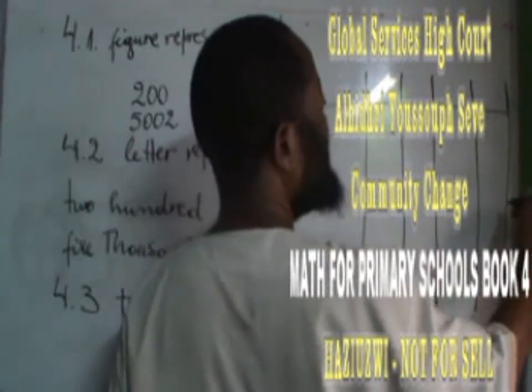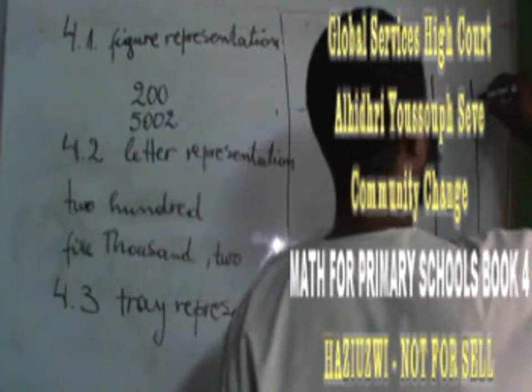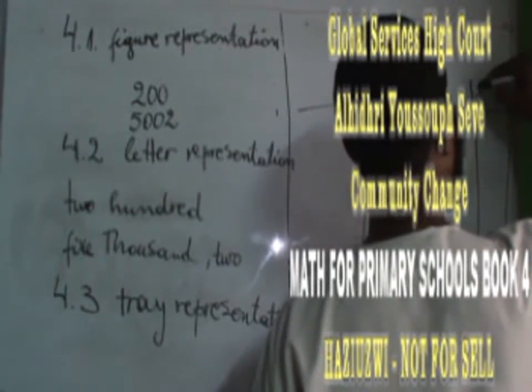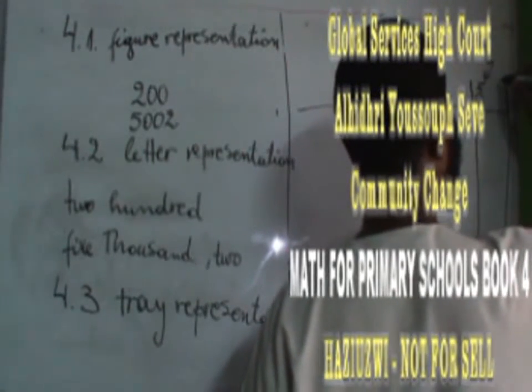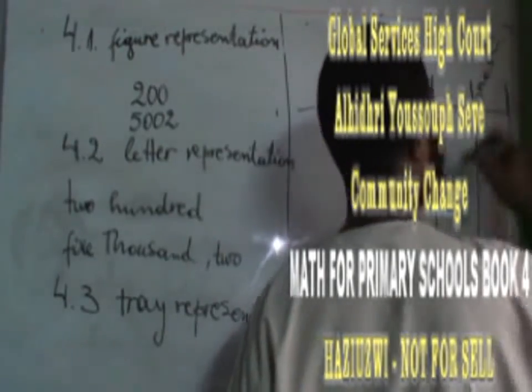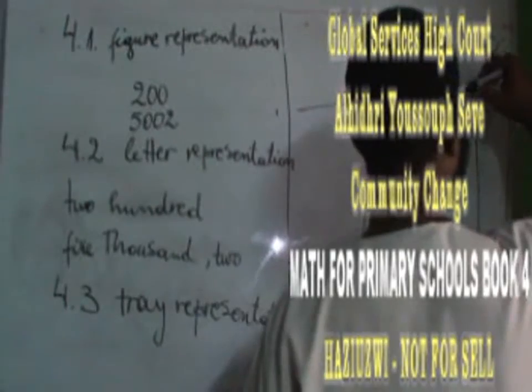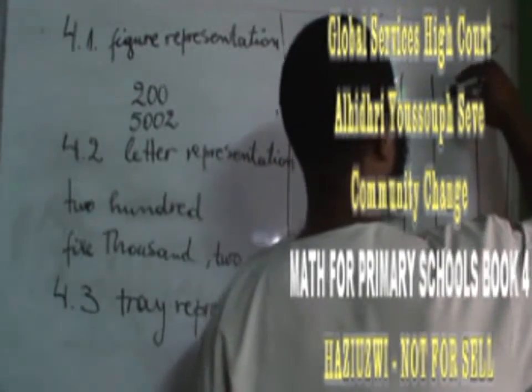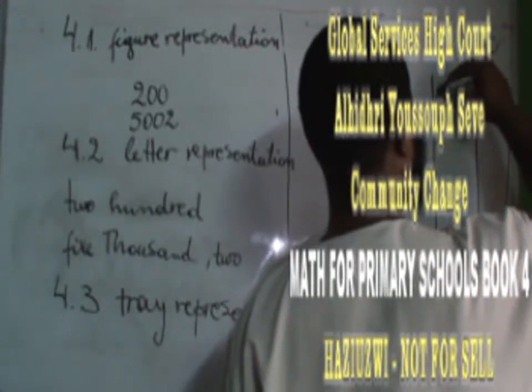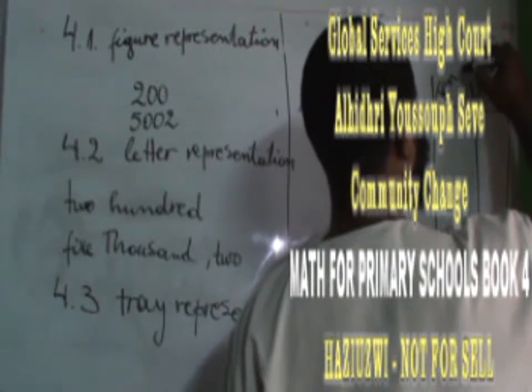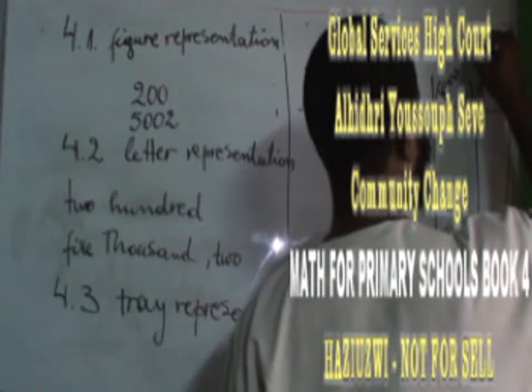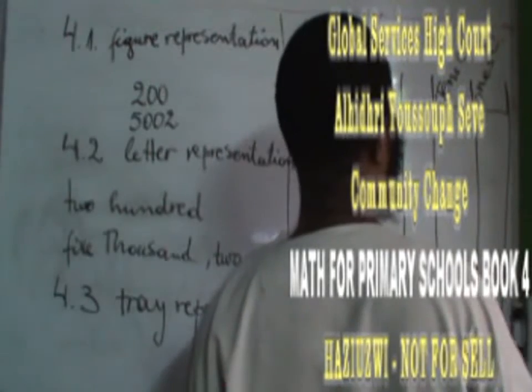The first column on your right is called ones column. The second column is called tens column.